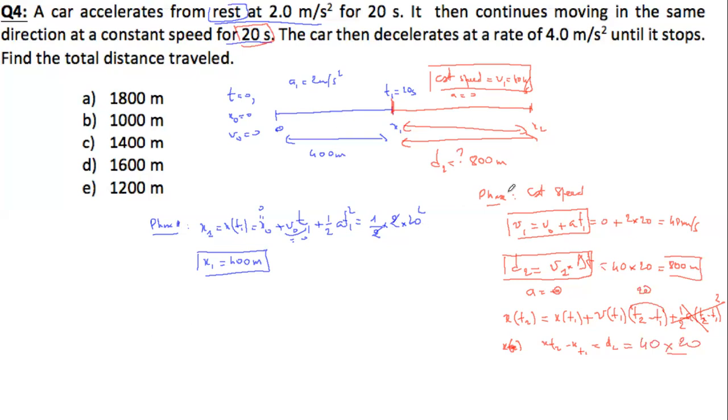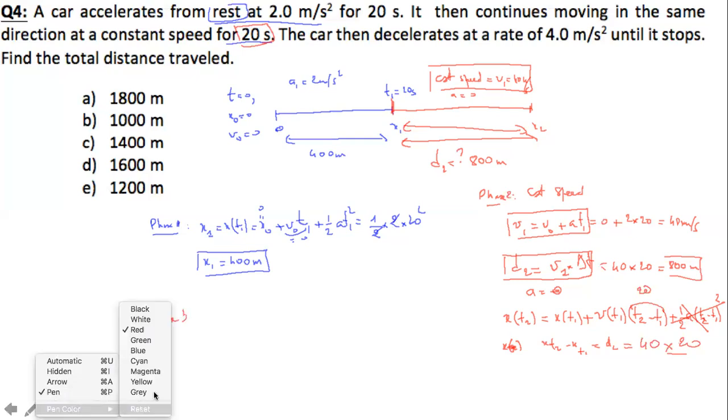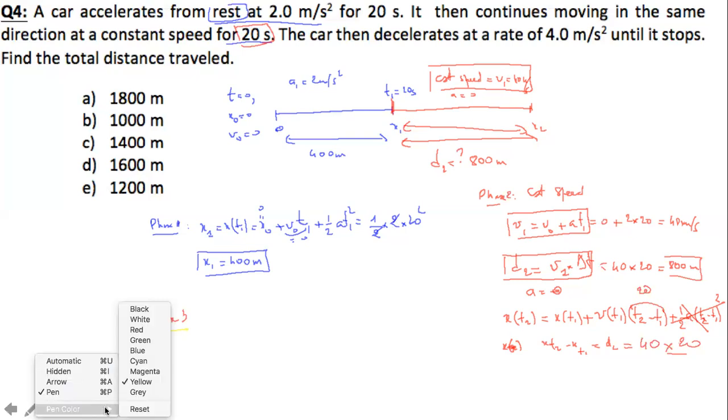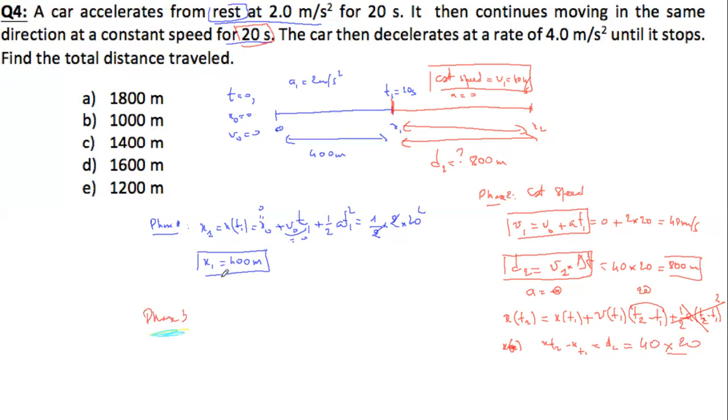So now let's look at phase 3. This is phase 2. Now phase 3. Okay. Phase 3, I decelerate at a constant rate. So deceleration, A is negative, acceleration is minus 4 meters per second squared. What is the final speed? I stop.